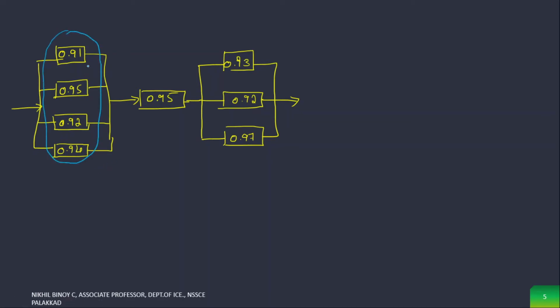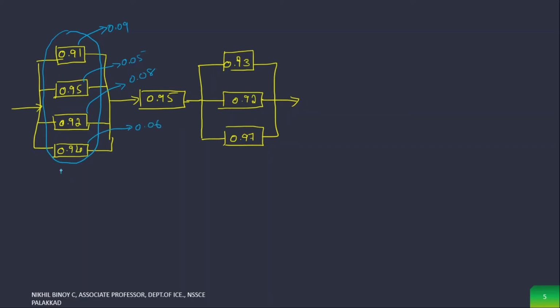Okay, so here we have four elements in parallel, so better find the probability of failure of each component. The probability of failure of this component is 0.09, of this one is 0.05, of this one is 0.08, and of this one is 0.06.